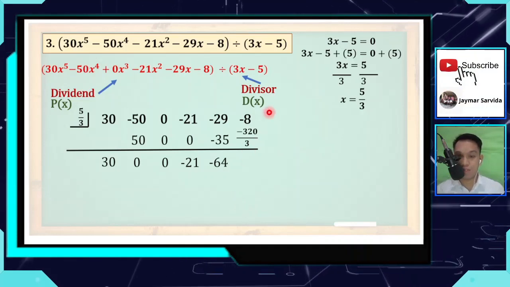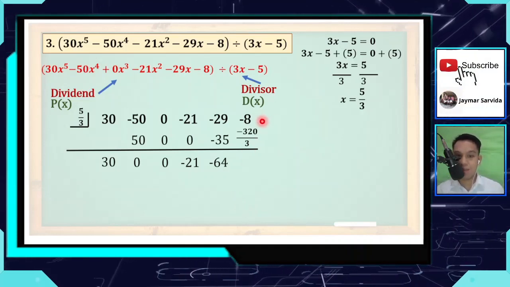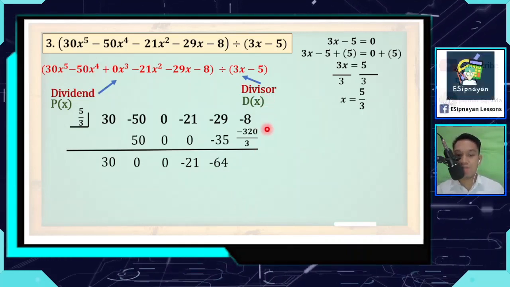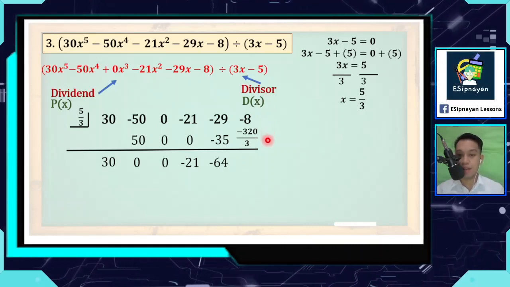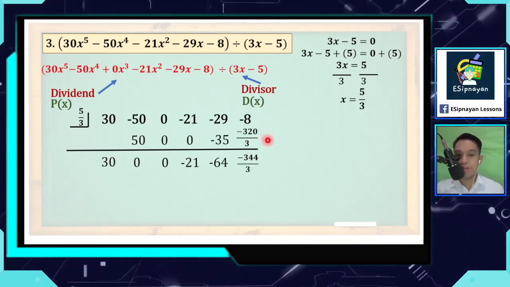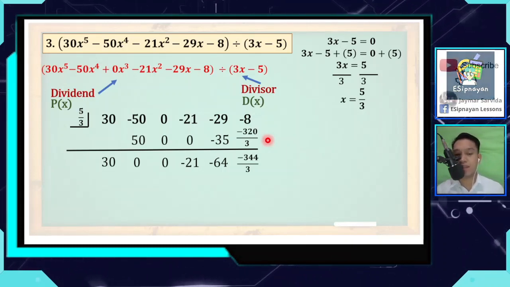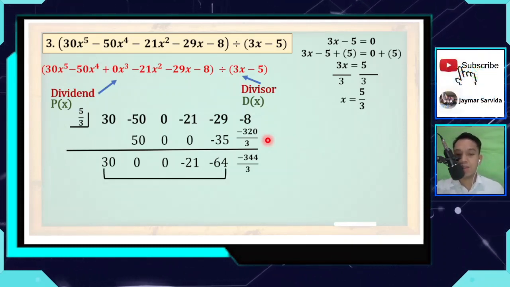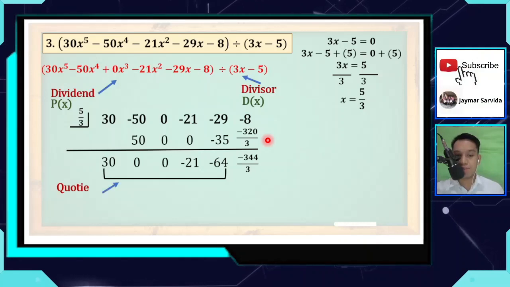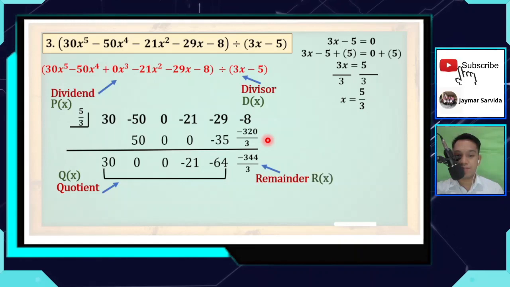Then you add them: negative 8 plus negative 320 over 3 is negative 344 over 3. You apply the LCD. So, this is our quotient, and this is our remainder.